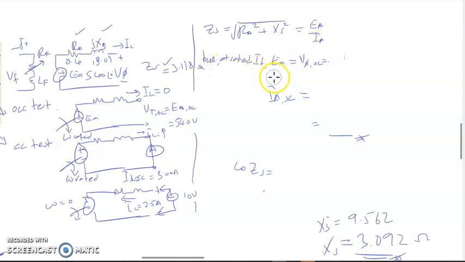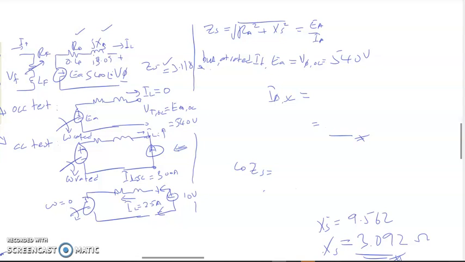At rated IF, we found that the V phase open circuit is equal to the V terminal, which is 540 volt. For delta connection, the V phase is equal to V terminal. Meanwhile, the I short circuit should be divided by root 3.